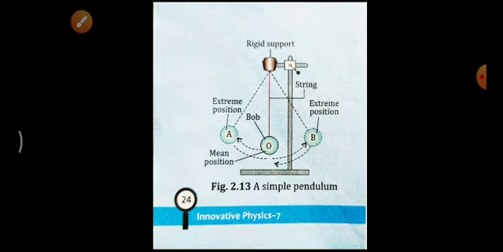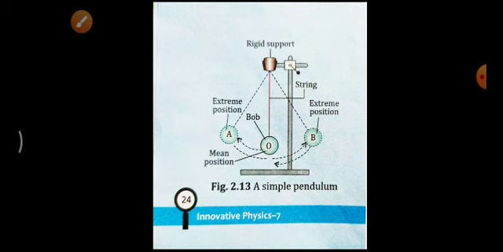When the bob is not moving, its position is called the mean position. While it is oscillating, we get two extreme points from where the bob comes back to the mean position. Here A and B are the two extreme positions and O is the mean position. The bob, string and rigid support are also indicated. I hope all of you have understood that.